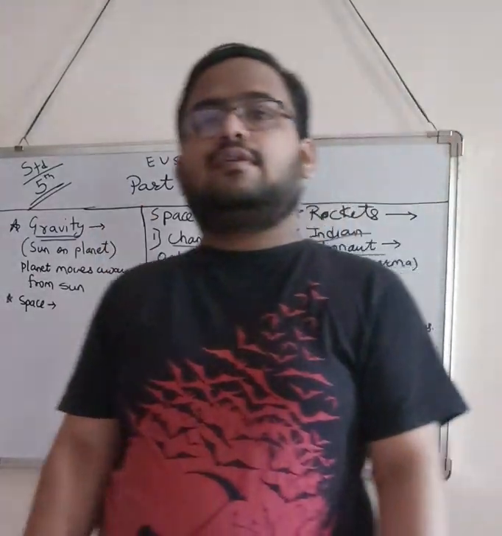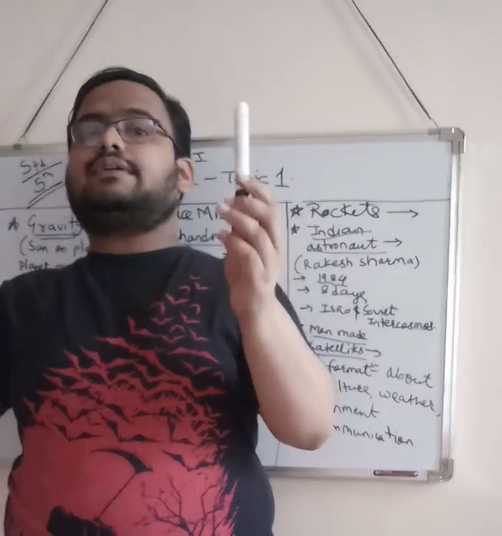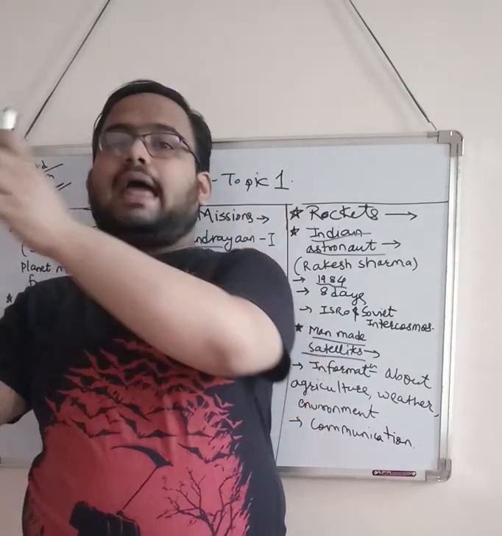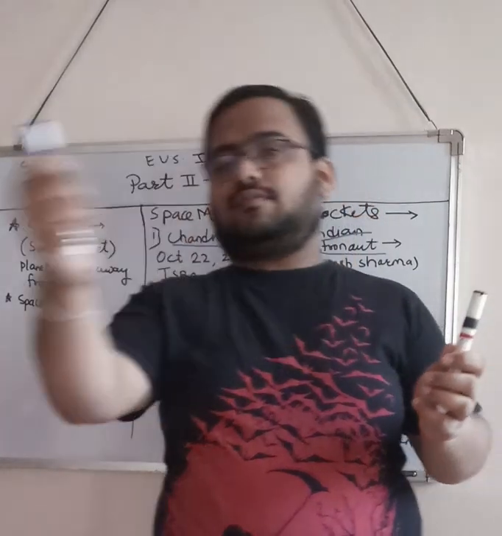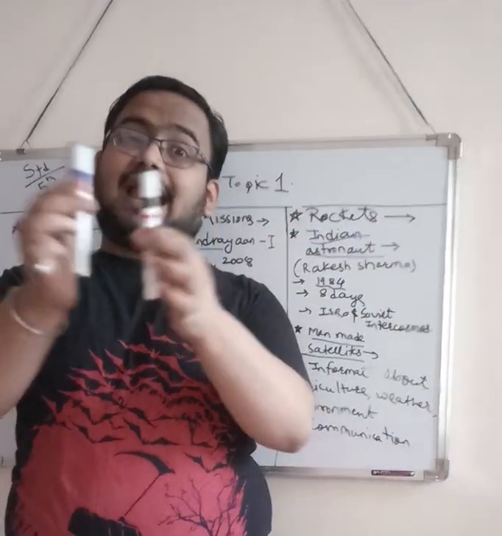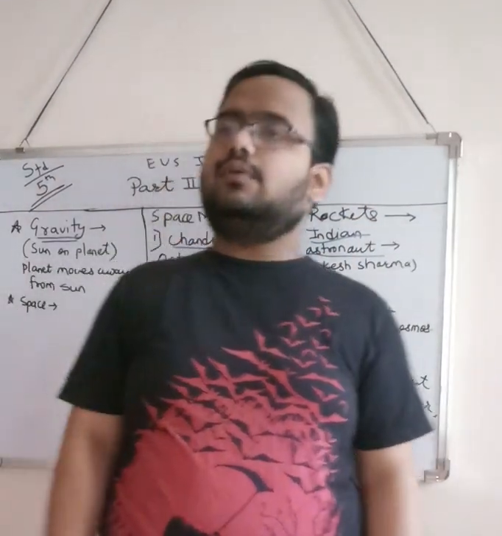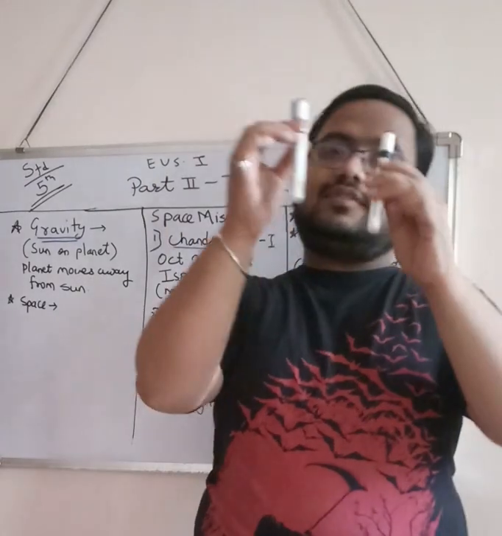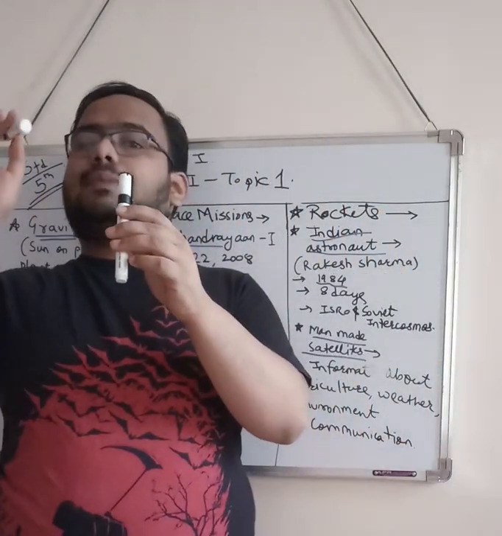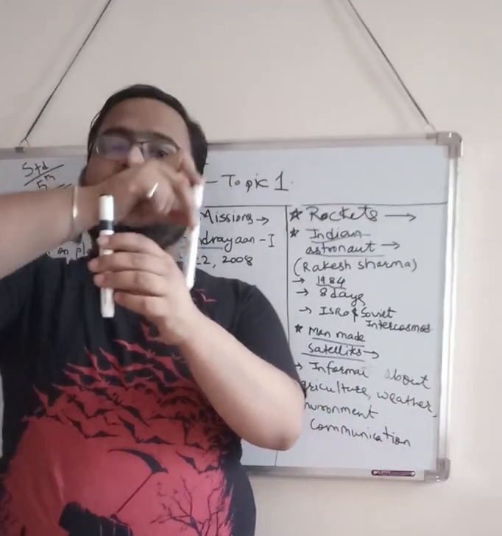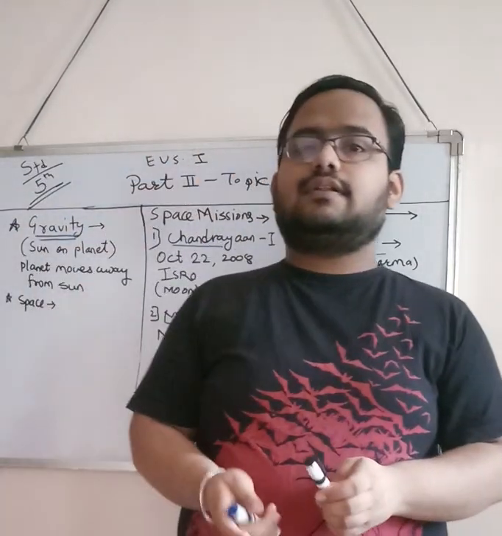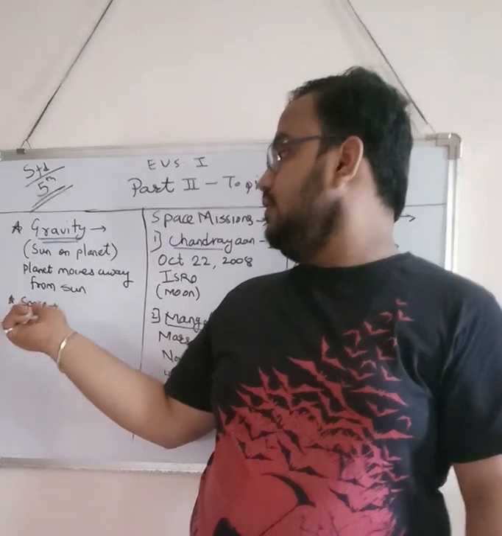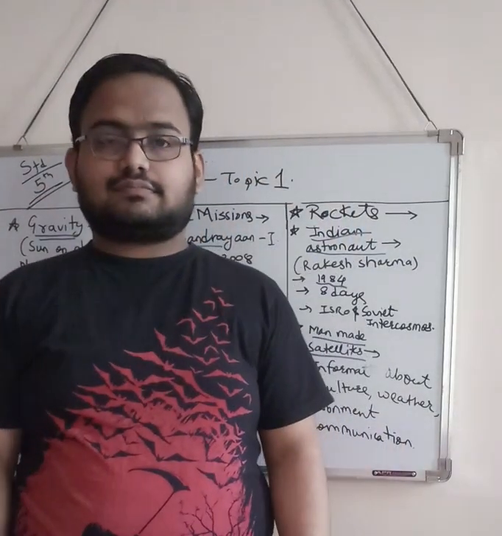Okay, we'll take a quick recap. Gravity: the sun tries to pull the planet towards itself, and the planet tries to go away from the sun. That is, it exerts gravitational pull. As a result of these two forces, planets move in a fixed path around the sun. Next is space.